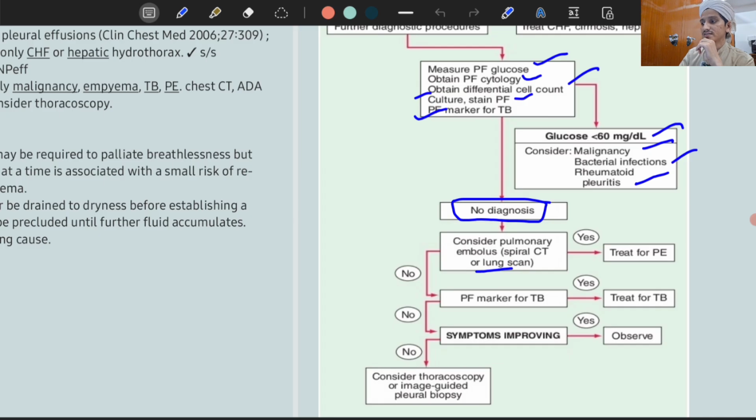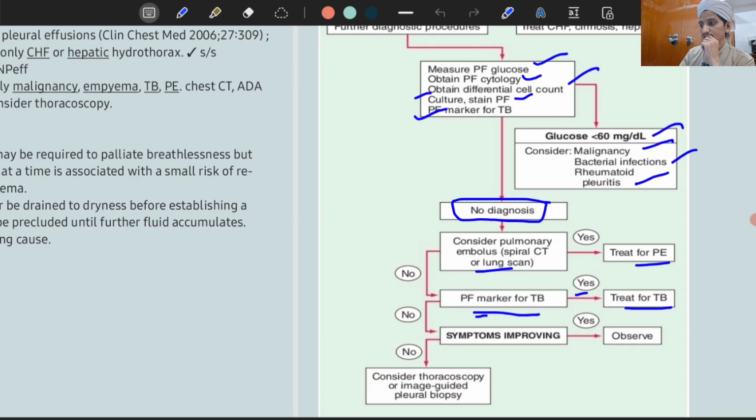If there is evidence of pulmonary embolism, then treat for pulmonary embolism. So this is from Harrison. First, in undiagnosed persistent pleural effusion, rule out pulmonary embolism by doing chest CT, spiral CT. Second, PF marker for tuberculosis. Most specific is biopsy. So if there is evidence, treat for tuberculosis.